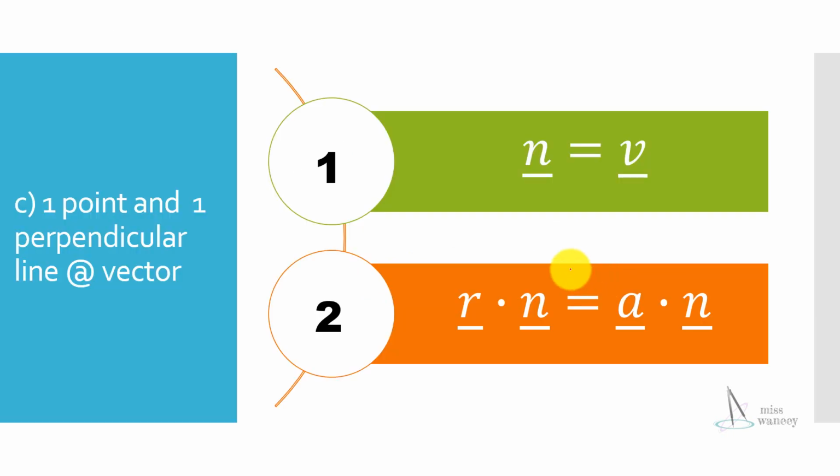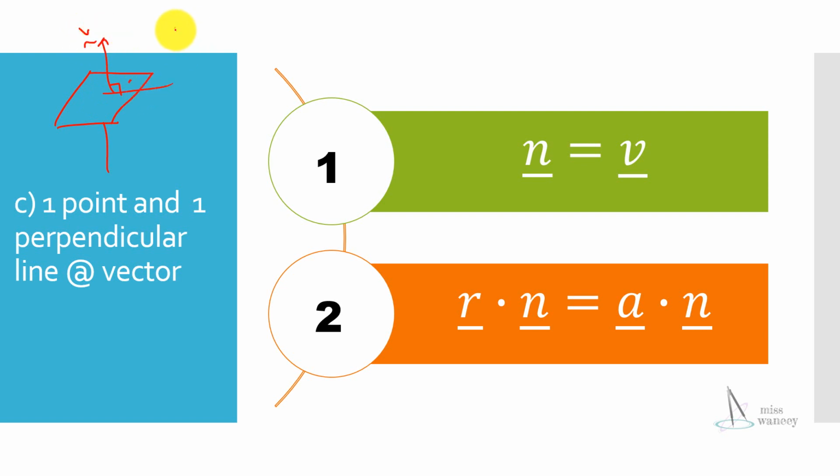Okay, so next, 1 point and 1 perpendicular line or a vector. So this is the plane that we want to find, and then we have a fixed point over there, and then 1 perpendicular line or perpendicular vector. Okay, so basically, let's say this is your line, you're gonna have something called a v.